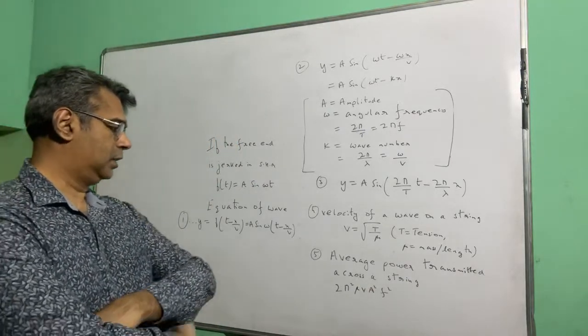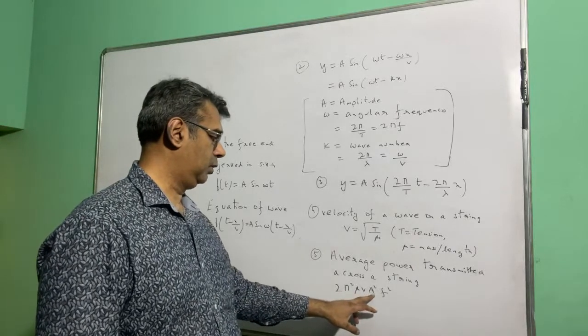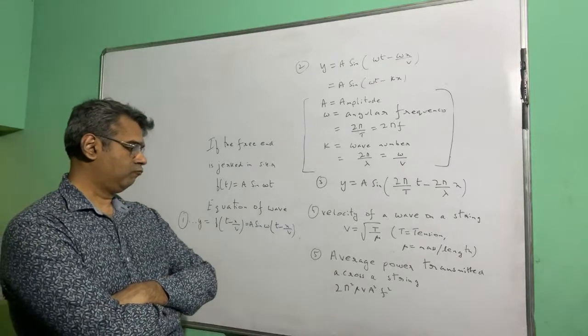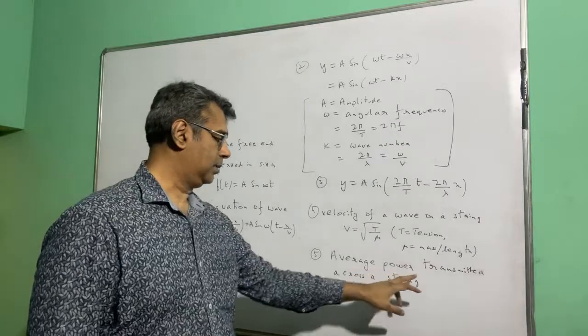The formula is 2 pi square mu into V into capital A square into f square. So average power transmitted across a string.